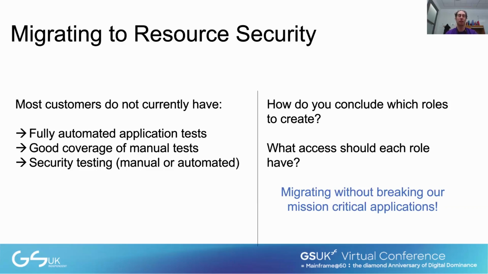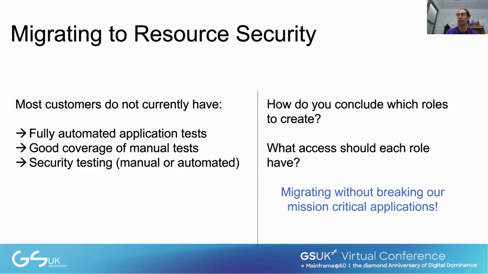We're trying to allow you to move towards resource security with some level of confidence, so that you could enable that in your production system, even if you don't have an extensive set of tests before you get that far. Have some confidence that you haven't broken anything, and that's the key here.